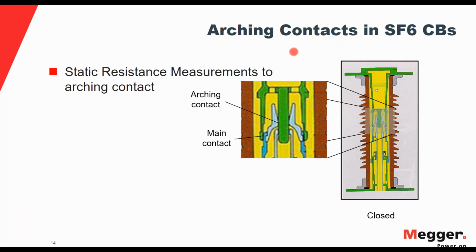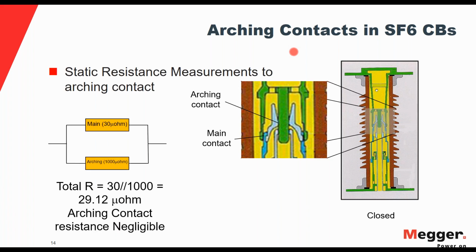When any arcing happens, this arcing contact will open last or close first. When the breaker is in the closed position and you try to do a contact resistance, or what we call a static resistance measurement, you will have both these contacts in parallel, since you can't really separate them. They are inside the interrupter, inside the SF6 gas.